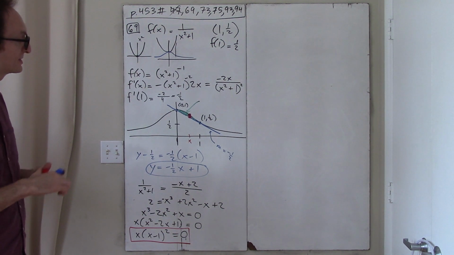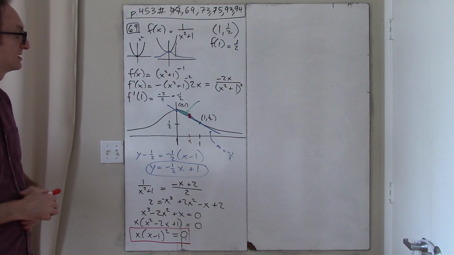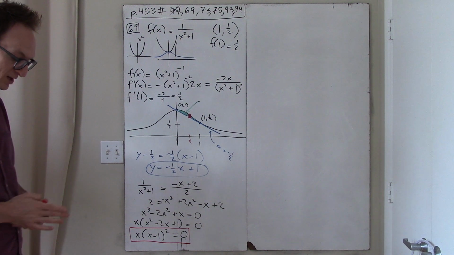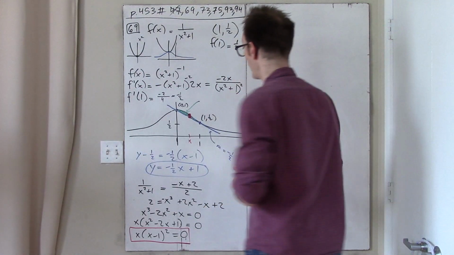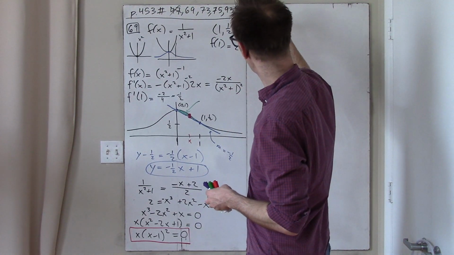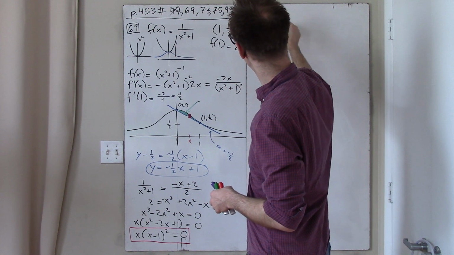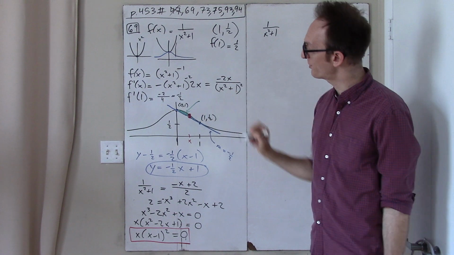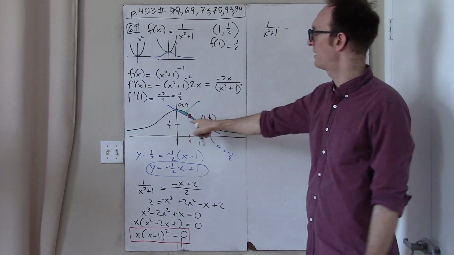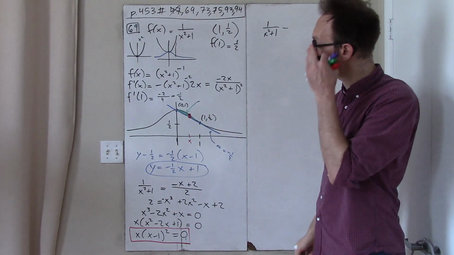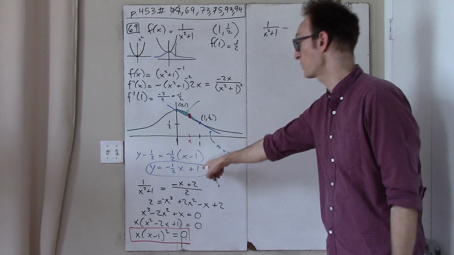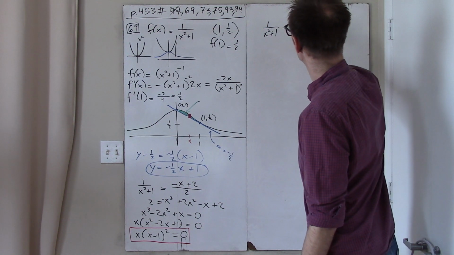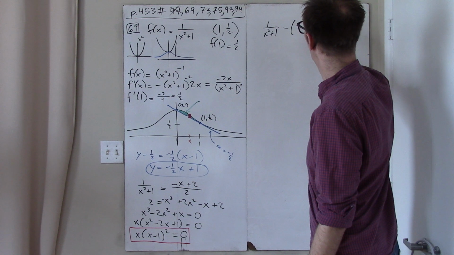The height of that representative rectangle is the difference in the y coordinates between the top function and the bottom function. So I take 1 over x squared plus 1, the height of the top of the rectangle, and subtract the height of the bottom of the rectangle, which will be the y value of the tangent line, so that's negative 1/2 x plus 1.